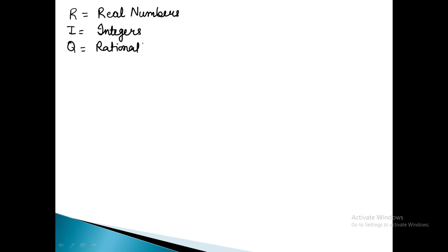First of all, you have to remember R denotes real numbers and I is used for integers. Q is used for rational numbers.